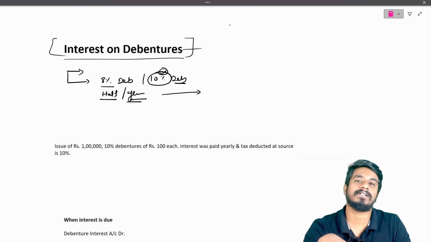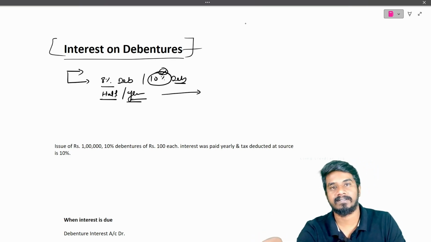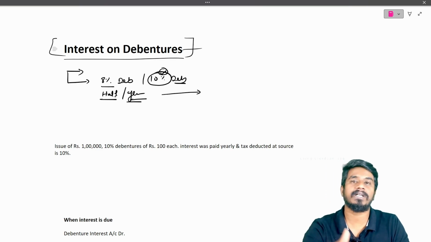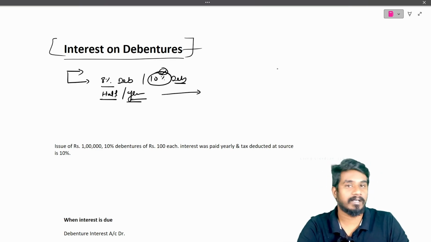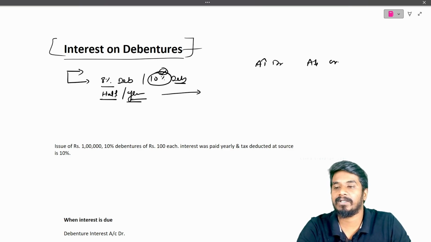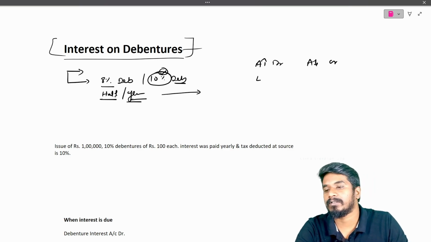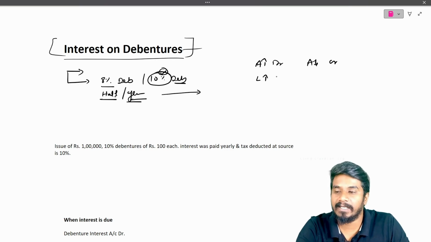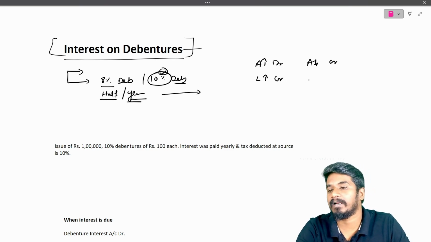Let us see the journal entries along with examples. Before that, we need to understand our modern rules. If an asset increases, we need to debit, and if an asset decreases, we need to credit it. Also liability: if it increases, we need to credit, and if liability decreases, we need to debit.